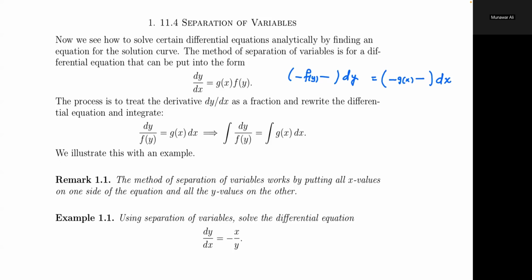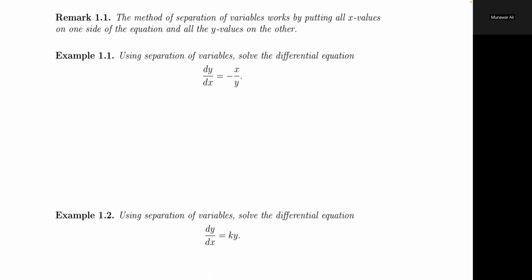The very first example. The question is, using separation of variables, solve the differential equation. So this is a seemingly very simple differential equation where you can multiply or divide something to separate the variables. For example, I'm going to write step 1 of the solution, which is to separate the variables.